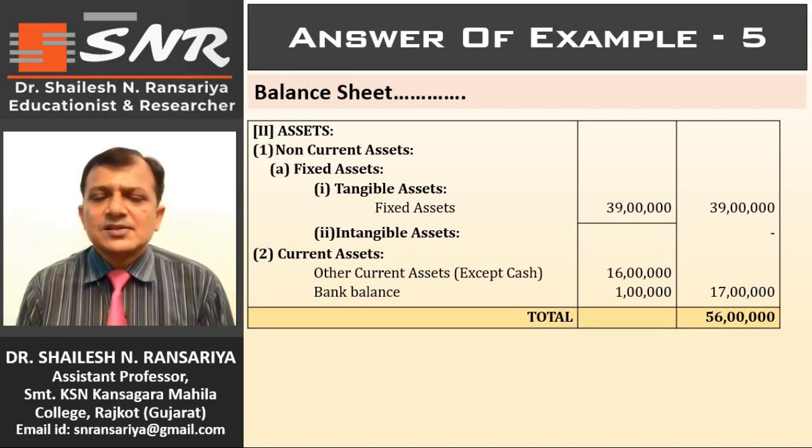Current assets, under that other current assets except cash 16 lakhs, and bank balance rupees 1 lakh. So total 17 lakhs. So total fixed assets 39 lakhs, total current assets 17 lakhs. So total of the balance sheet again 56 lakhs.